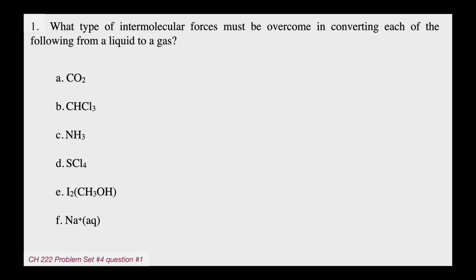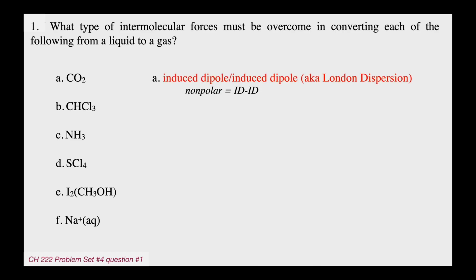Is something polar or is something non-polar? And CO2, if you don't remember, you can actually draw out a Lewis structure. It's carbon in the middle of two double bond O's. CO2 is a non-polar molecule. And if something is non-polar, then the intermolecular force working on it is called induced dipole, induced dipole. And a lot of times I will abbreviate that as IDID because that's way too many syllables for me.